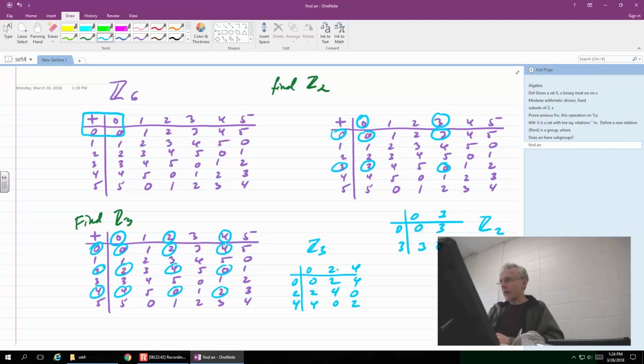Okay, so we found Z2 and Z3. Do we have Z4? So we found 0, Z2, Z3, and what about Z4?